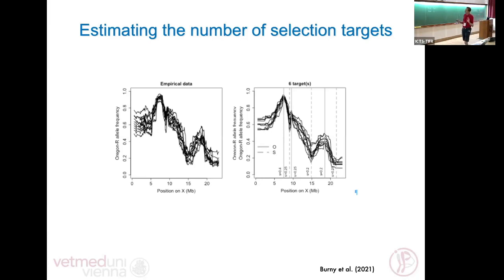But there are still some very interesting differences that I'd like to highlight. You see this very strong, pronounced peak here, and this very broad shoulder here. This is what we cannot replicate. So this suggests there may be another target there that we haven't captured with this simple-minded idea.